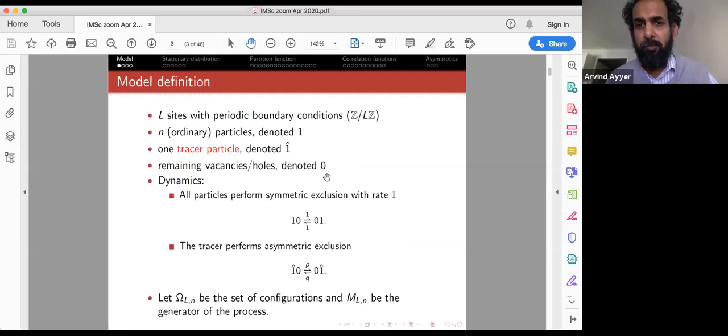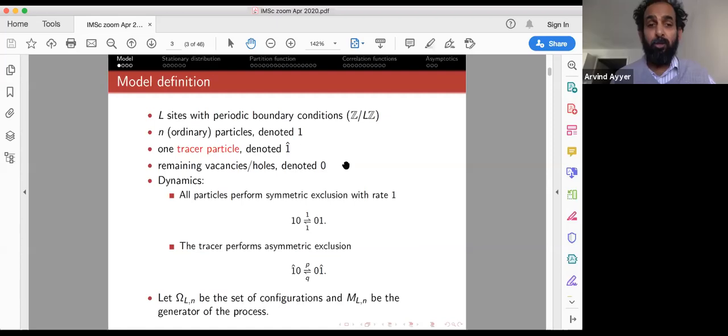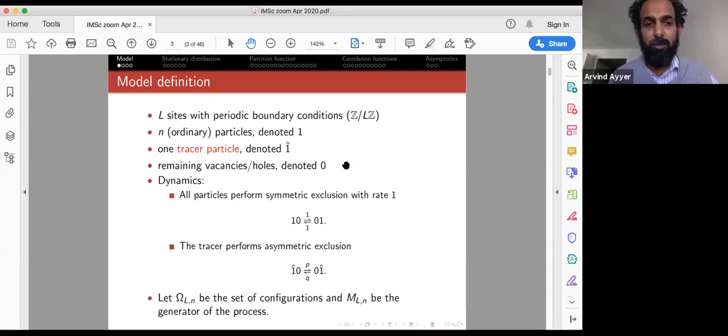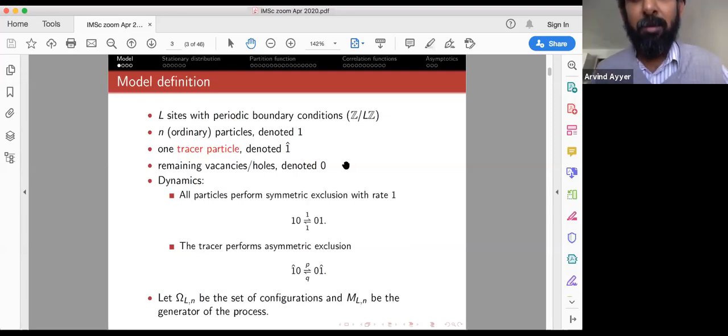Can the tracer be at a site where there's an ordinary particle? No, it cannot. Every site can contain at most one particle of any type, either ordinary or tracer. So you have n plus 1 occupied sites, out of which one you distinguish as 1 hat. Exactly.